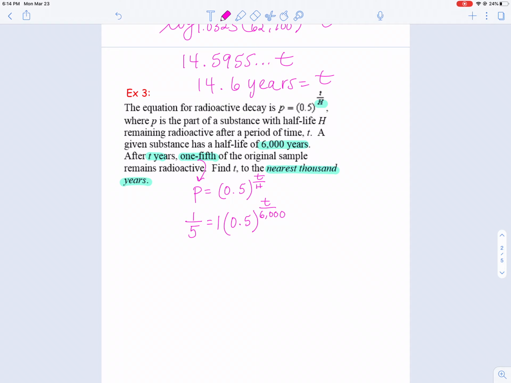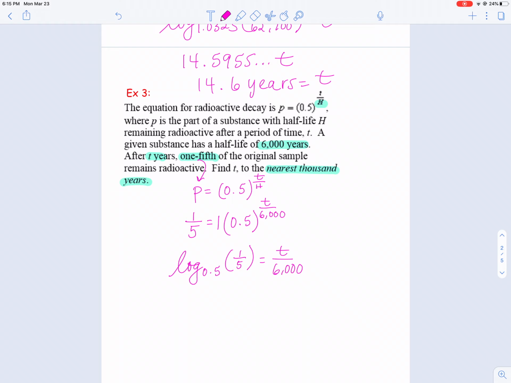So here, if you're going to solve for t, you got to use logs. And if I really don't need to divide by 1, I'm going to just rewrite this without the 1. Technically, remember, you're going to say your log base 0.5 of 1/5 is equal to your exponent t divided by 6,000.